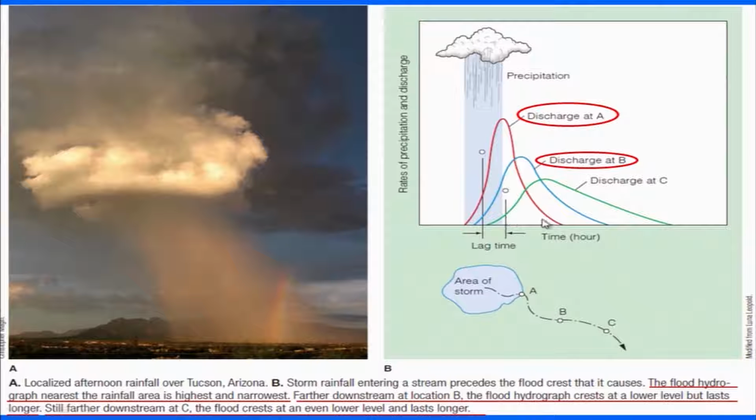This is the main difference you will see, and understanding this hydrograph is extremely important if you are sitting in an urban settlement. The lag will be completely different, and mostly what we see in urban areas is that the lag time between the precipitation and the resulting flooding state is very small.